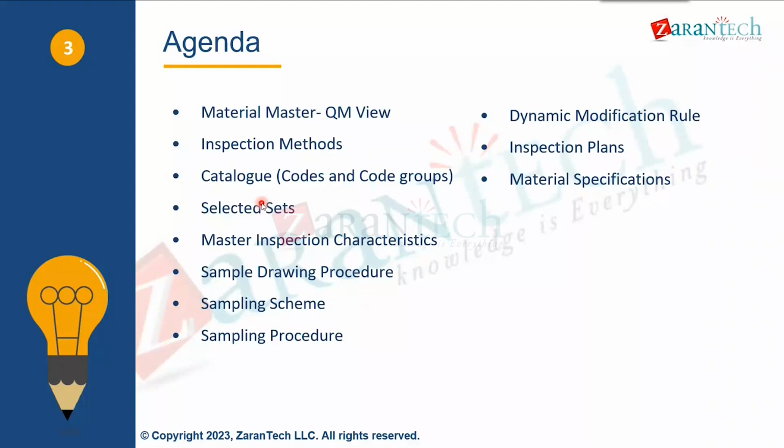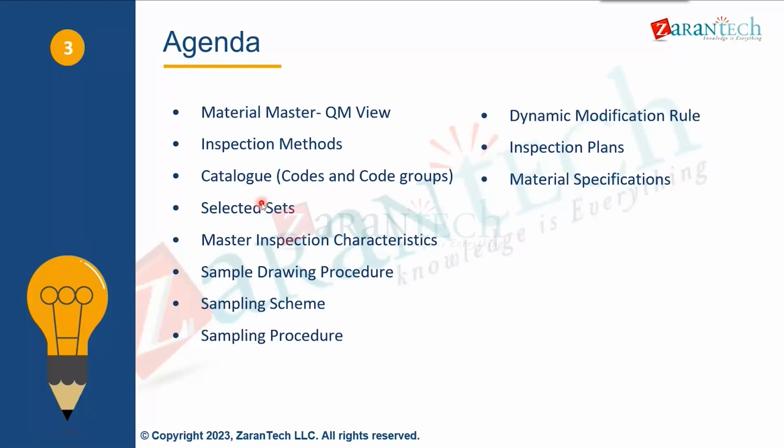What is the catalog type used for usage decision? 3 is for usage decision.